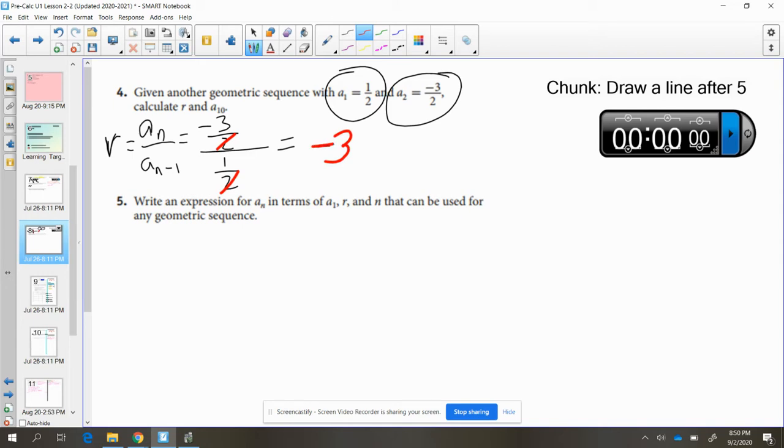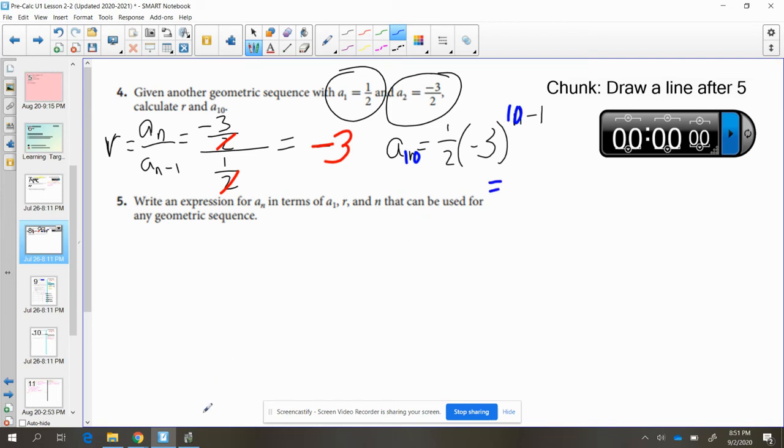Now that we have the common ratio and the first term, we can develop our formula here where we take that first term, our common ratio, and raise it to the n minus 1 power. And in this case, if we are looking for the 10th term, we're going to plug 10 in for n.